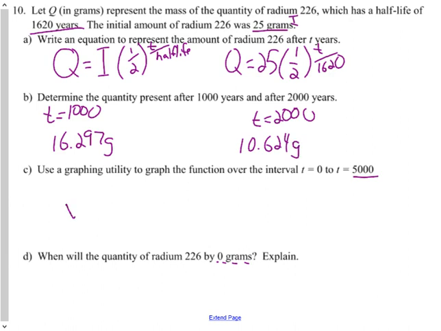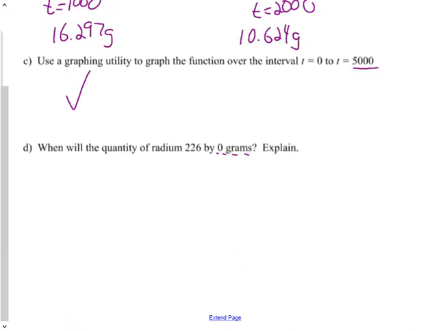We already graphed it. When is it going to reach 0? If you're dividing something by half, even if it's as small as like $1, you're technically going to keep getting fractions of a penny before you get to 0. You're never going to get 0. So never, this is technically our horizontal asymptote. So that's why we won't get 0.